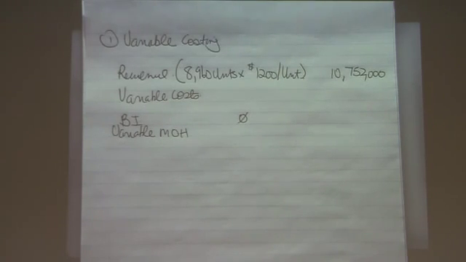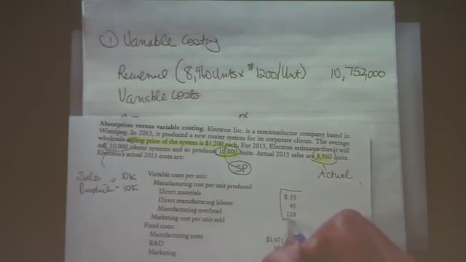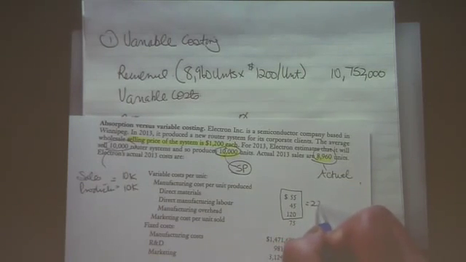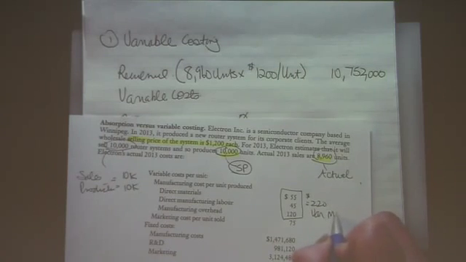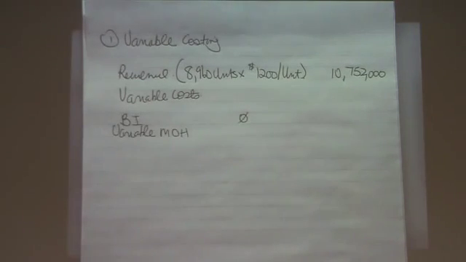The variable manufacturing overhead is going to be 55 plus 45 plus 120, so this actually is 220. That's the variable manufacturing overhead per unit. So that's what I'm going to use.